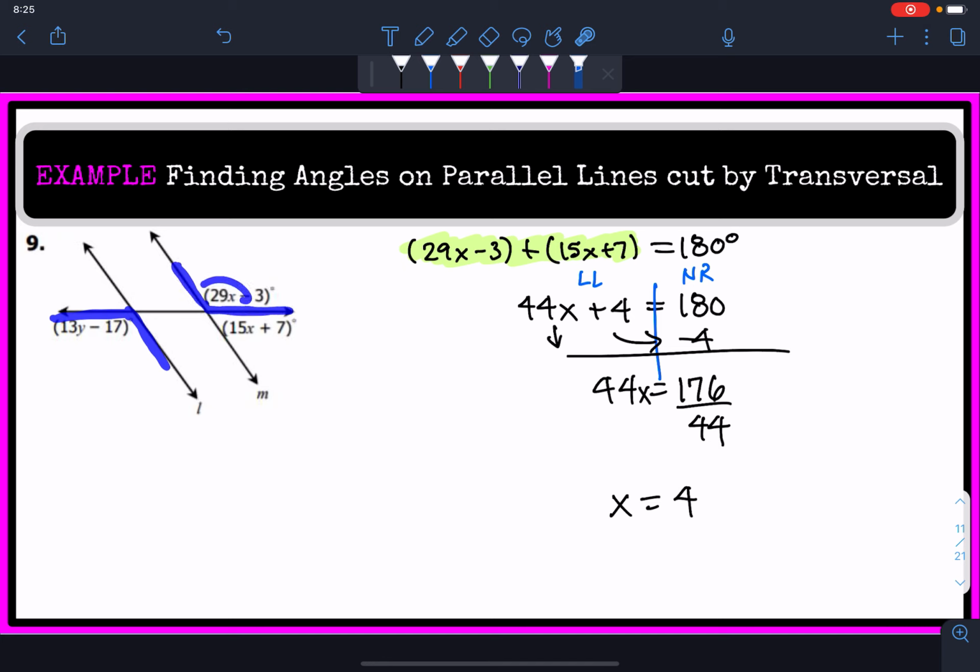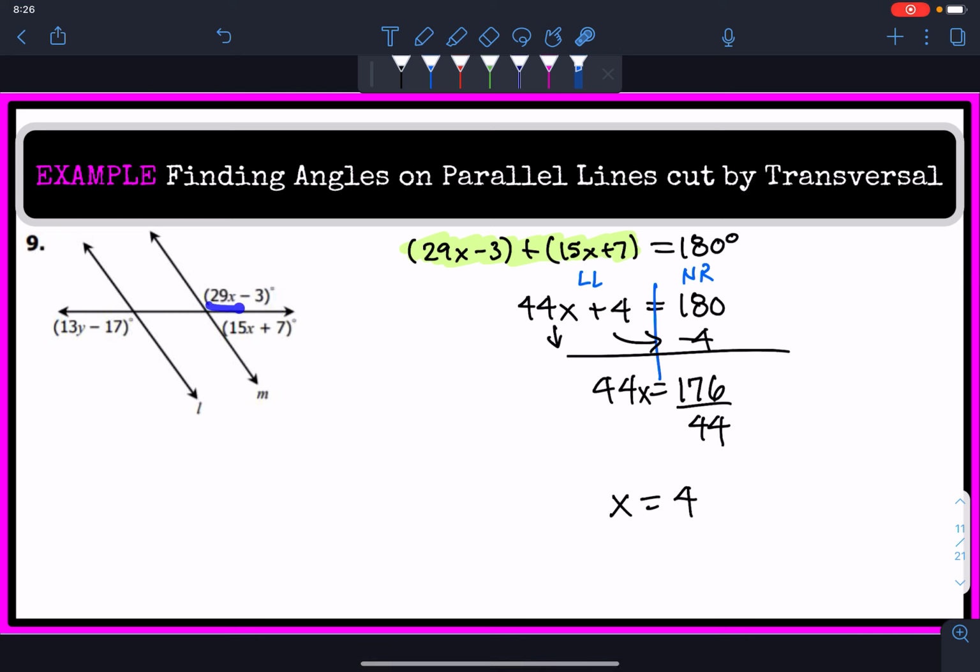Those two angles are alternate exterior angles, which means that they're congruent. And I know that they're also congruent because they're both obtuse. Notice that they're both obtuse. So setting this equal to this can help me figure out the value of y.